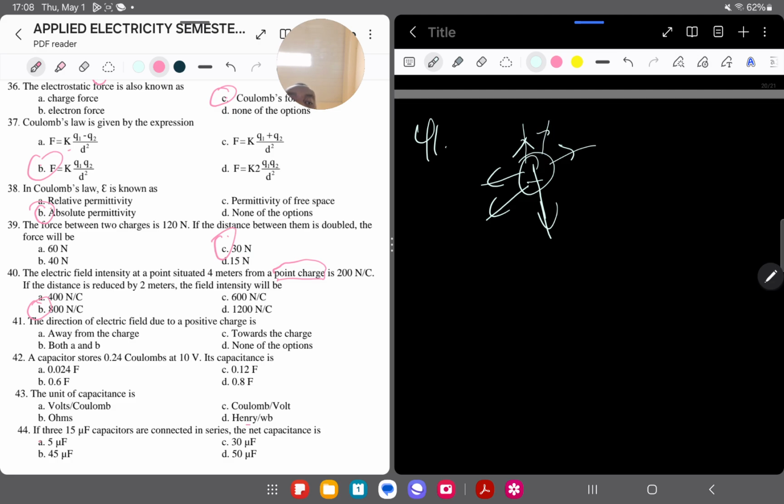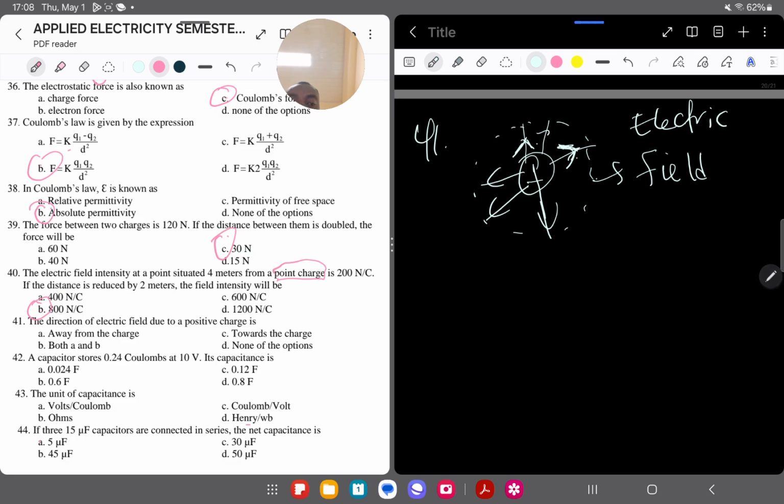Let's say you're having a point charge. You can see the arrows here indicating the direction of the electric field, because the electric flux here gives us the electric field strength, or the electric field. So the direction here is just indicating the direction of the electric flux.